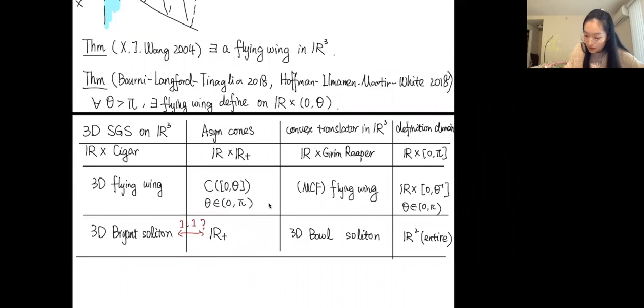For mean curvature flow, people already know that this is a complete classification of convex translators, and the first step is also to show that this is a one-to-one correspondence.